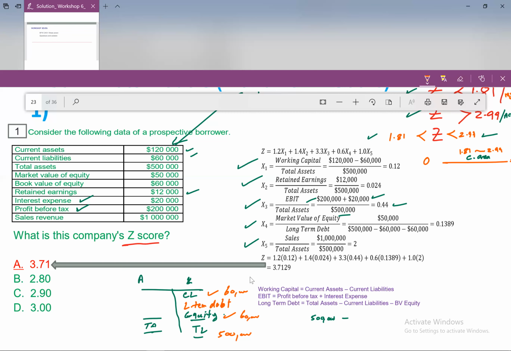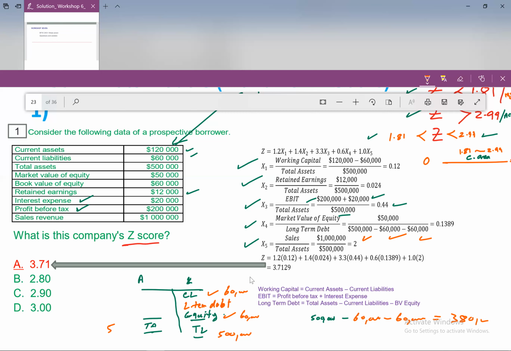So I can calculate this to be 380, minus 60, minus 60. So this is actually 380, because I'm taking the 500,000 and decreasing these to get the debt.